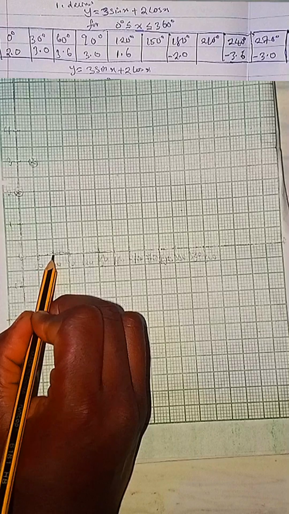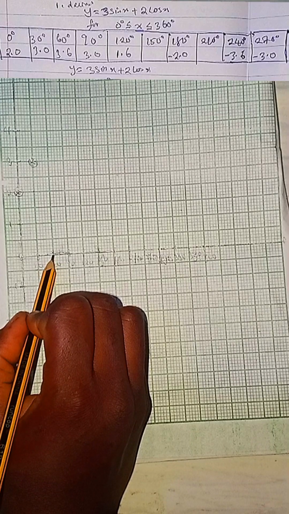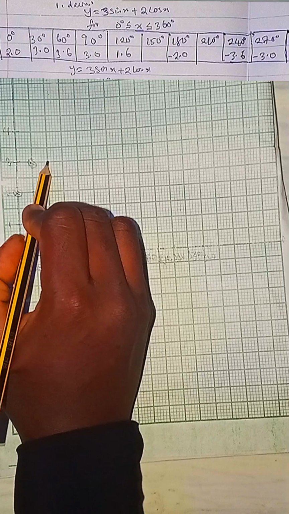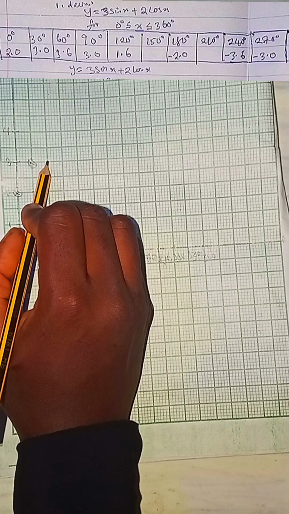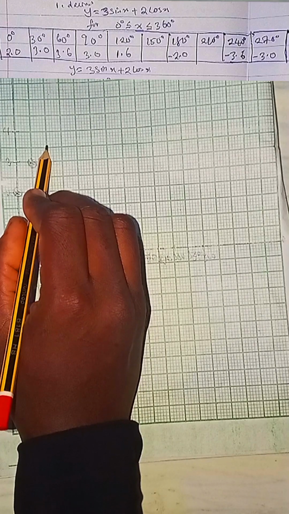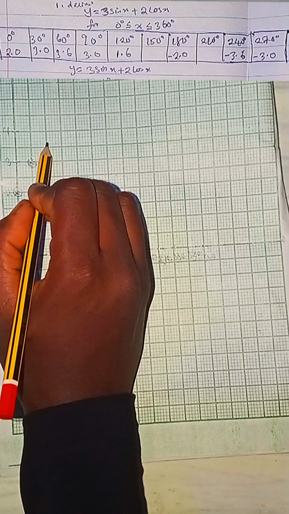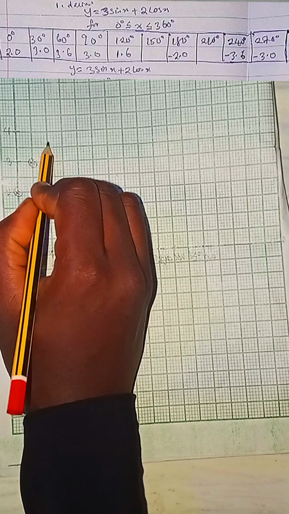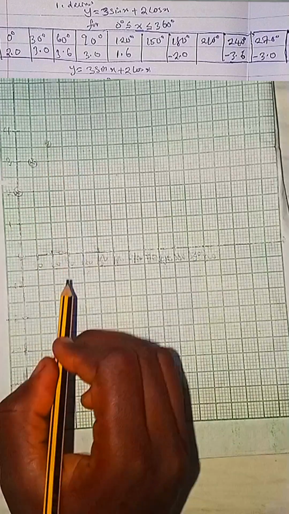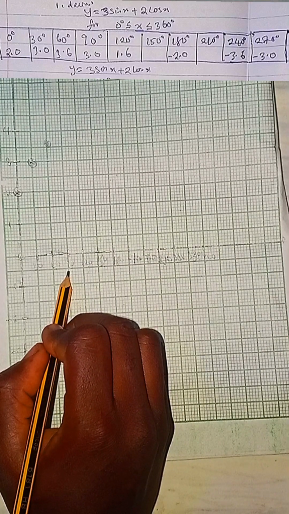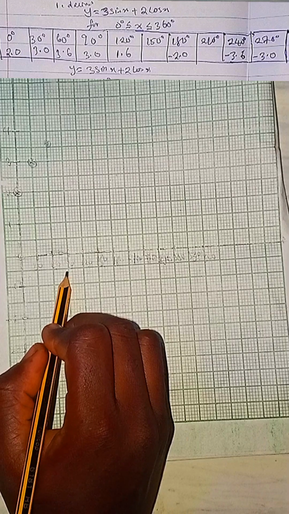When x is 60°, y is 3.6. Here is 3. Each box is 0.1. This is 3.5. After the thick line, the next line is 3.6. When x is 90 degrees, y is 3.0.